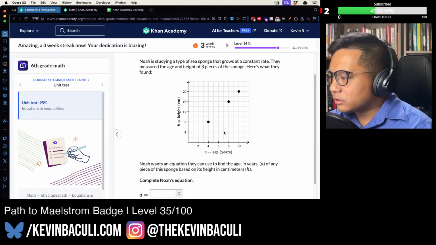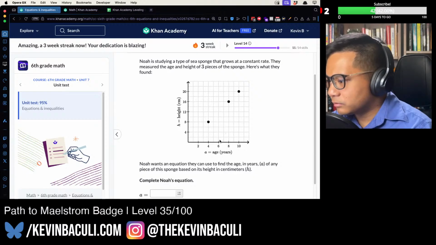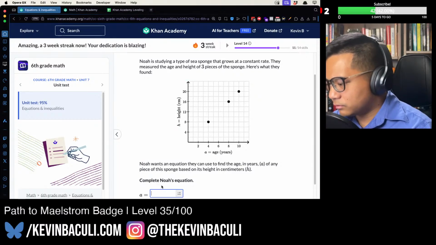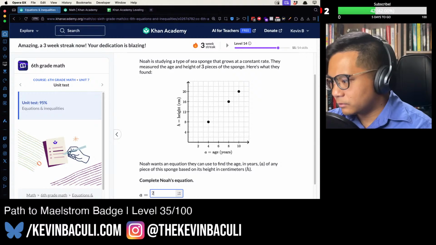Noah is studying a type of sea sponge that grows at a constant rate. Equals 2h. So, h divided by 2.